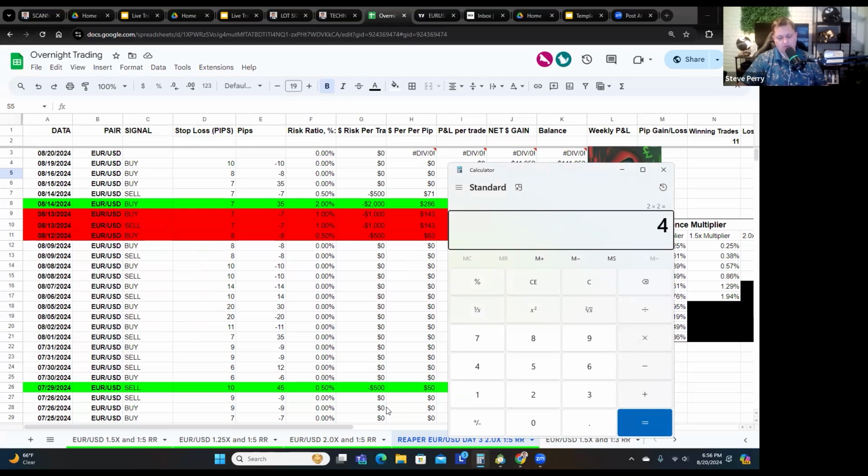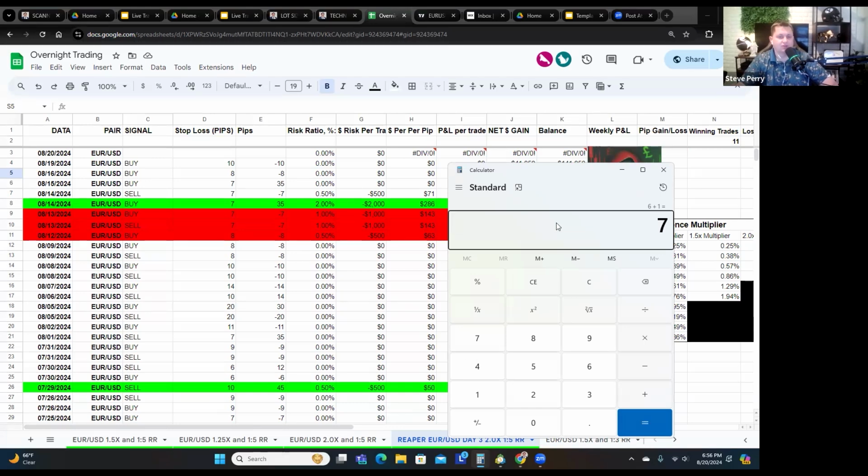You could lose four on the last day, and then you could lose 2%. Okay, so if you lost 3 days in a row with the Reaper, you could lose a maximum of 7% of your account. That's the worst thing that could happen. It hasn't happened yet, but that is a possibility. Just so you guys know.